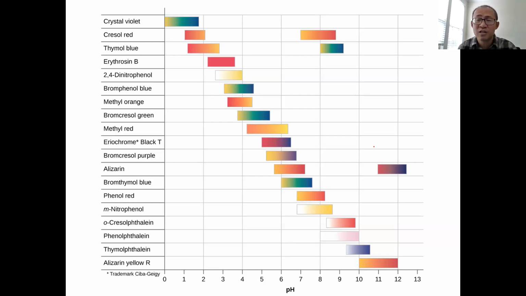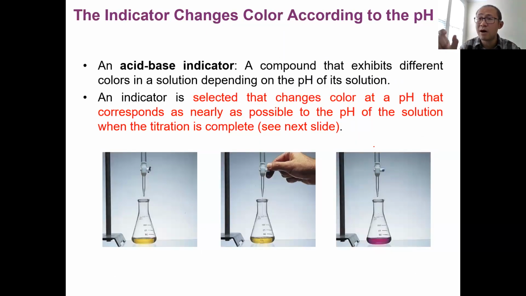The color change occurs over a narrow range of pH. Again, they are selected based on the products of your reaction, based on what acid and base you're titrating. But they all change color and tell you that at that point the acid and base have reached equal amounts, so you can stop, measure the volume, and then calculate the concentration of the acid or base.